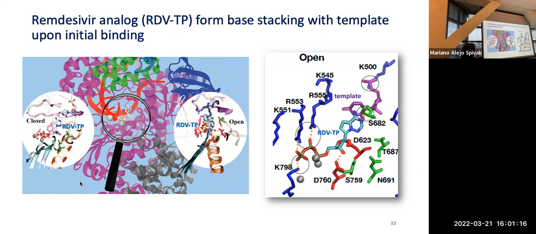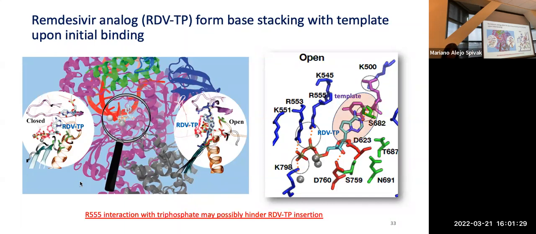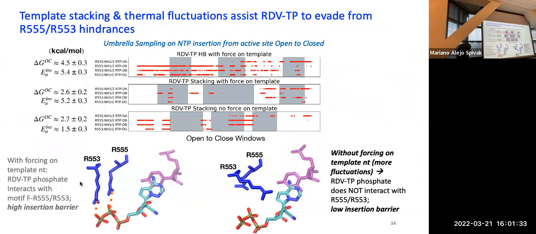When we did the umbrella sampling, you add force somehow, but in some configurations there can be an arginine interaction with the phosphate, which seems to hinder the insertion. So we actually find that thermal fluctuation helps.